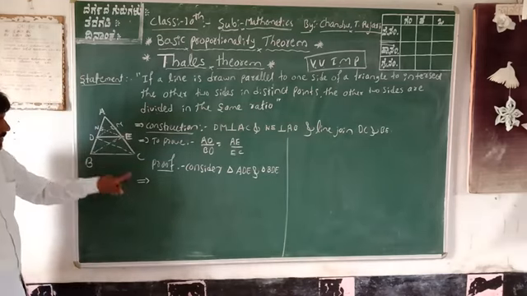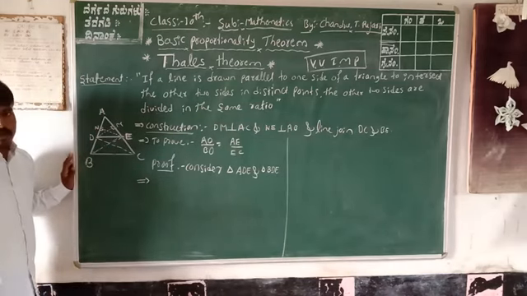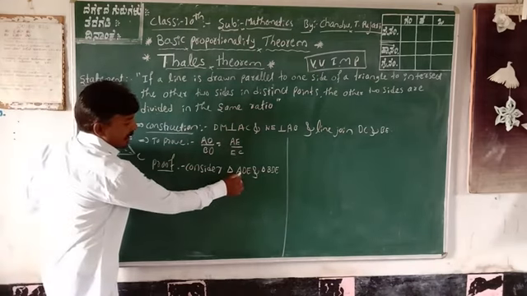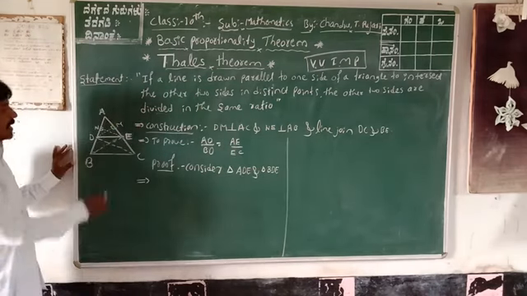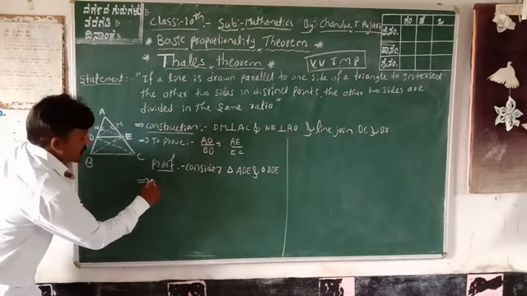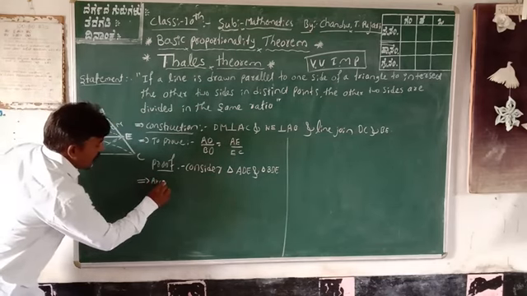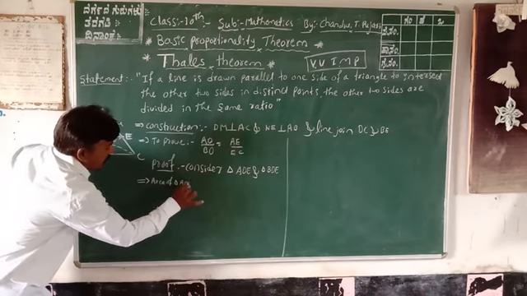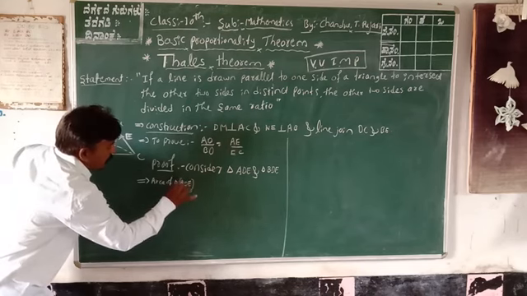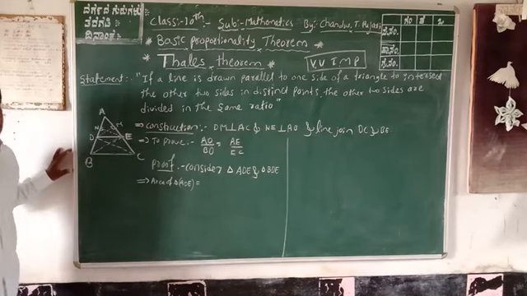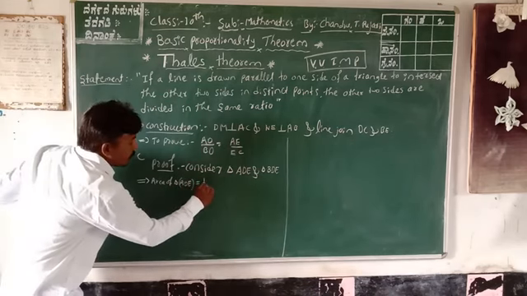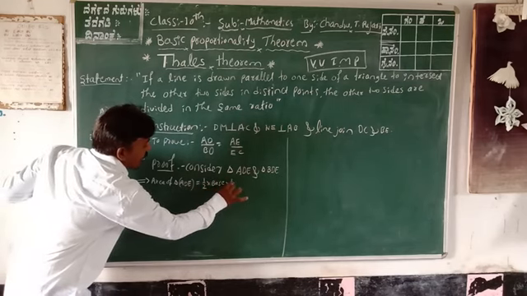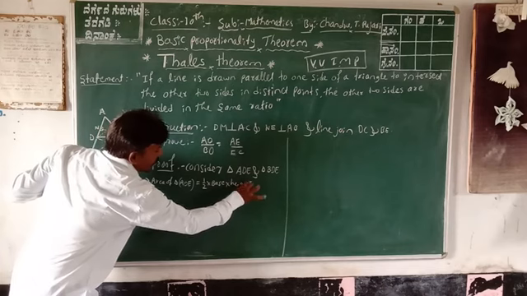Next, in these two triangles, you know the area of triangle formula. Therefore, area of triangle ADE is equal to 1/2 into base into height.